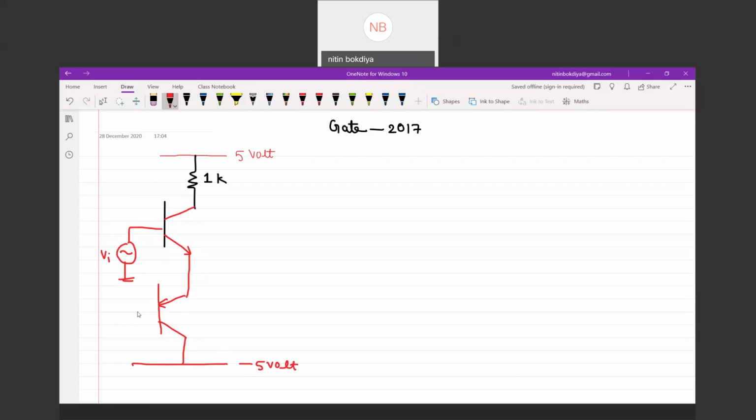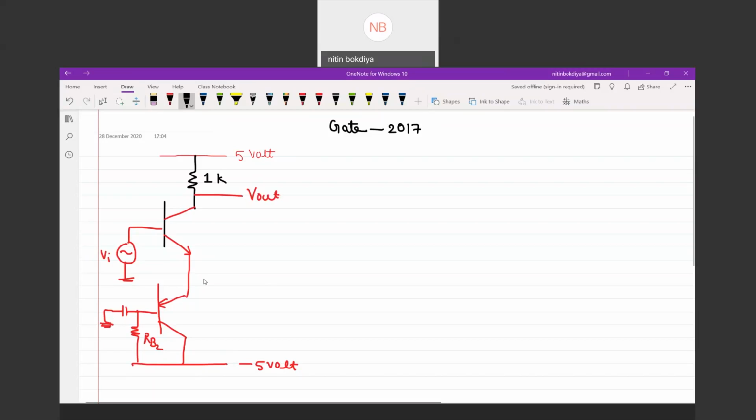Then this is RB2. This is a capacitor and this is ground. And we are interested in V out for this. What will be the output voltage for this? We are interested in V out for this transistor.